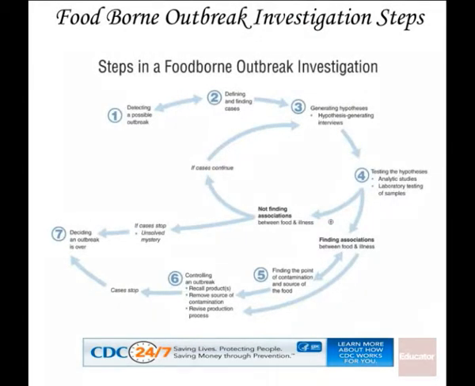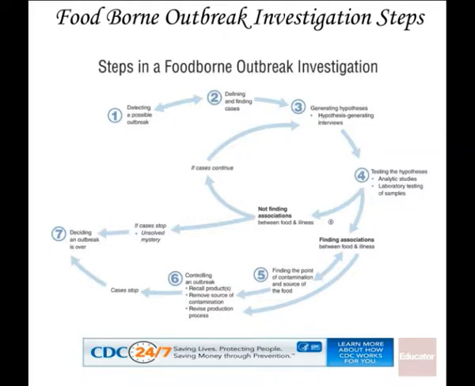So as I described, there are a series of prescribed steps that generally are done when, for instance, the CDC is involved with the investigation. The first step is really determining: did an outbreak occur, or is an outbreak occurring? And then defining and outlining what constitutes a person who is ill, what signs and symptoms they have.